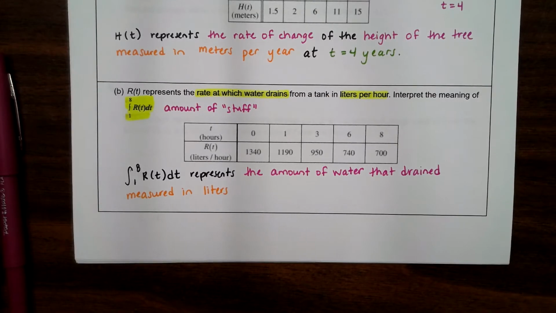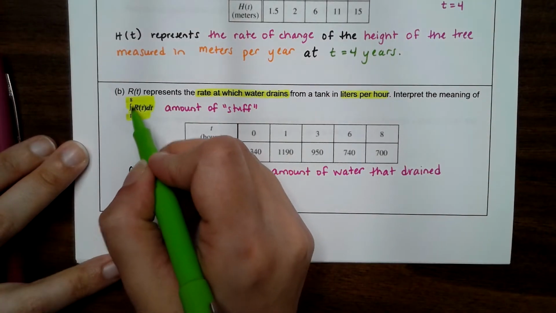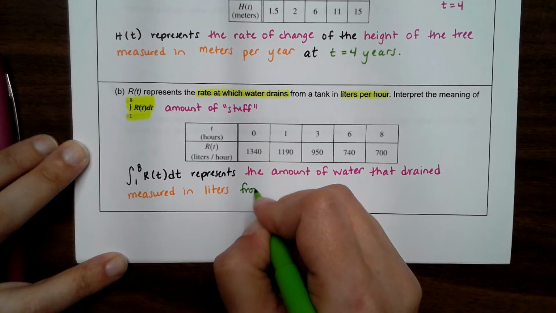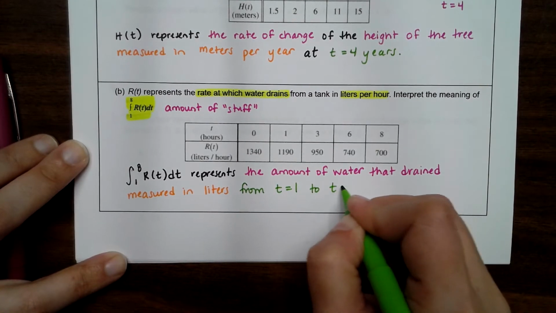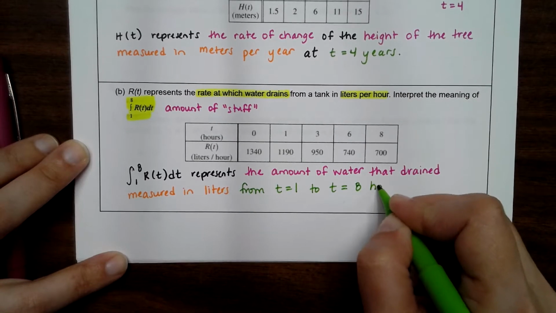And this time, it's over a time interval from 1 to 8. So we would say from t equals 1 to t equals 8 hours.